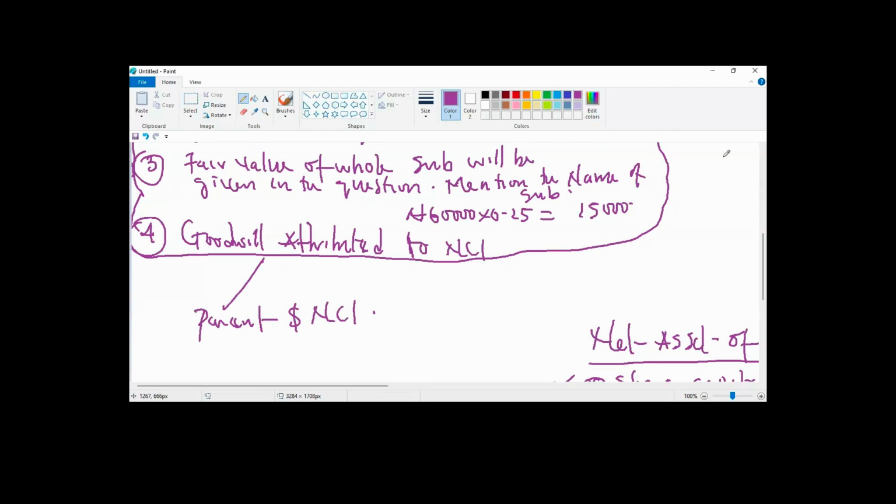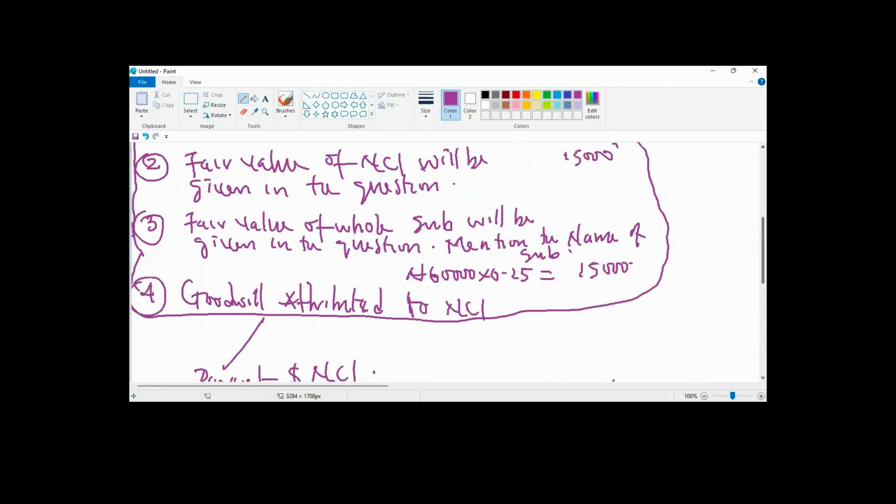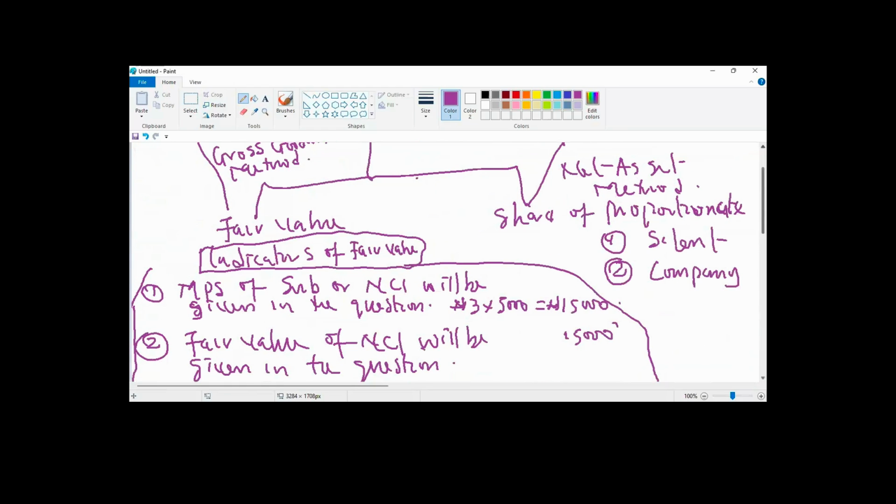But if it is share of proportionate, which can be any of these two methods, the goodwill belongs to the parent only.